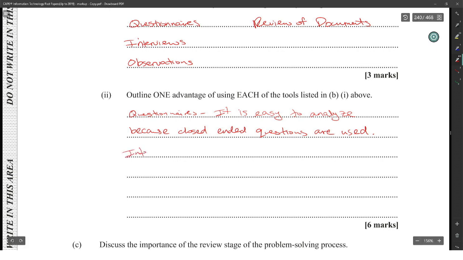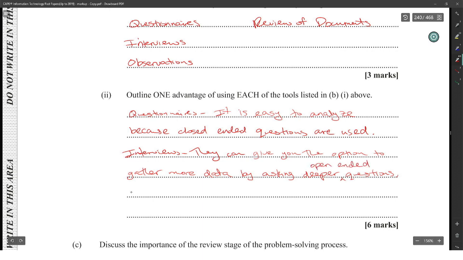Alright, yeah. Interviews can give you the option to gather more data by asking deeper, open-ended questions.